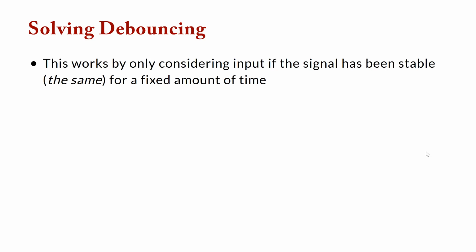So what we do is we're looking to see only when the signal has been stable for a certain amount of time. So you saw in that little window that the signal fluctuates for a short time, but presumably someone lifts their finger after the button press and then it suddenly works again. So what we need to do is only notice a signal change when it has been stable for a certain amount of time.